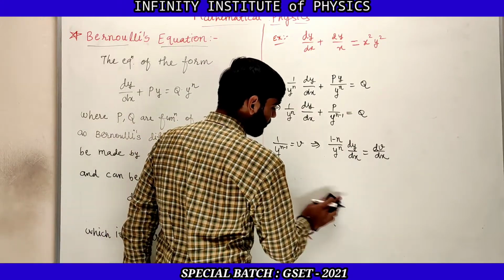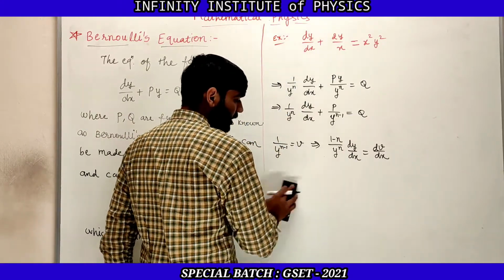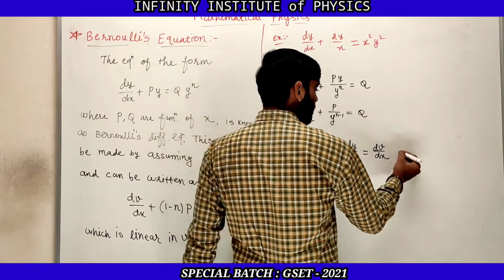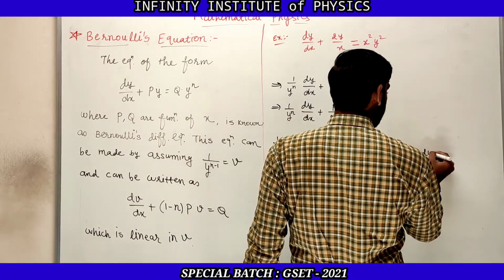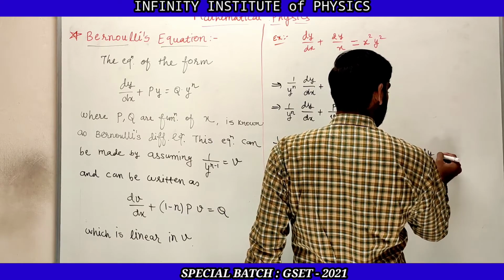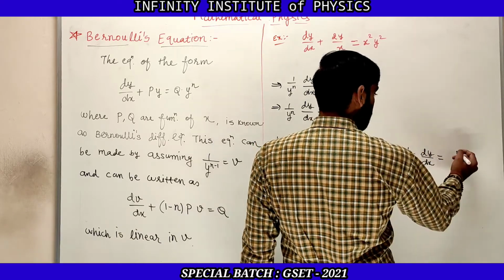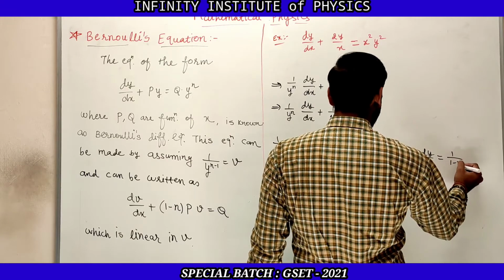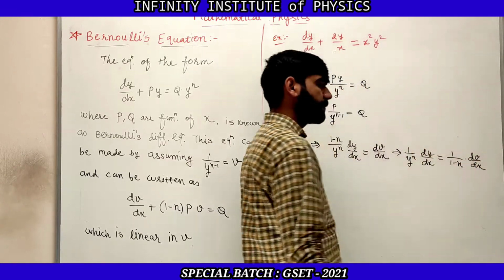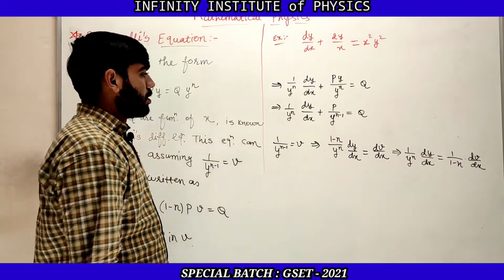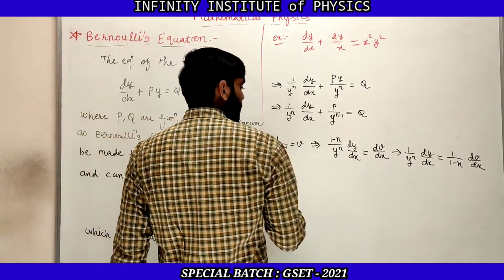Now let us make that 1 upon y raised to n into dy by dx as a subject. Then it will be 1 upon y raised to n dy by dx, that is 1 upon 1 minus n into dv by dx. So let us put that values in this equation.